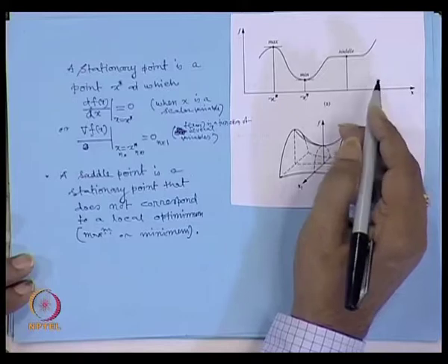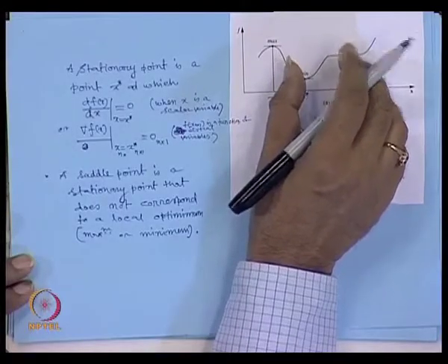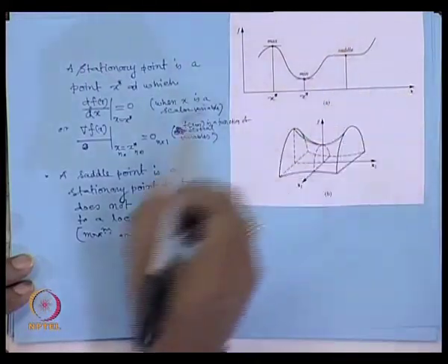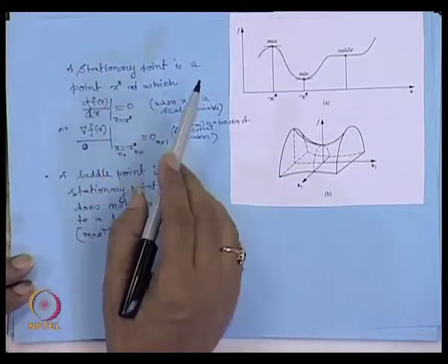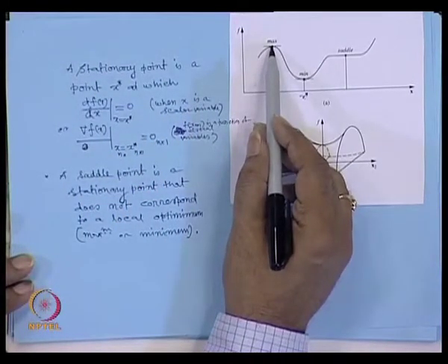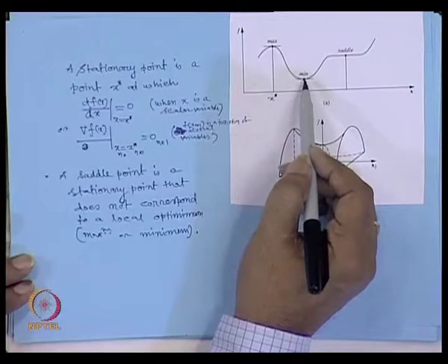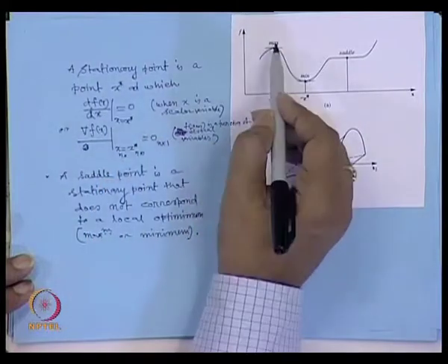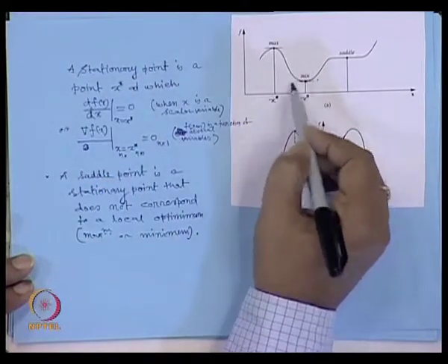Okay? So, this is for a simple scalar function which is a function of only a single variable. So, our definition for stationary point, to know whether the function will be maximum or minimum: for scalar case, the derivative must be 0. Agree?